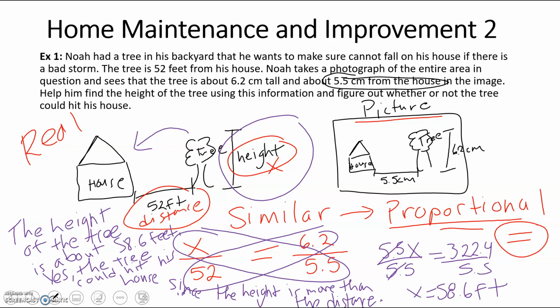We then wrote those ratios, set them equal to each other, and then used cross multiplication to solve the equation for the missing variable. We then looked at the question again, and we discovered that Noah's tree could potentially hit his house, meaning Noah might consider moving this tree before it causes any damage.